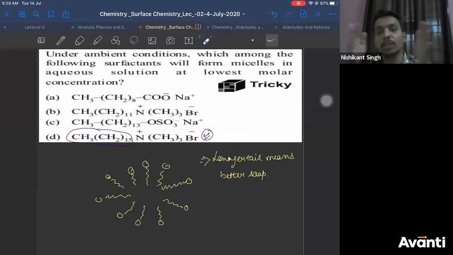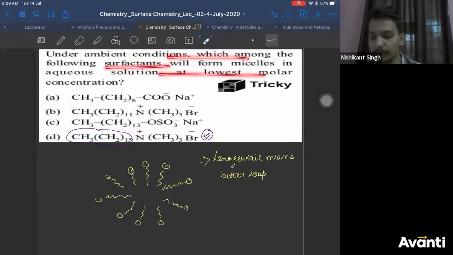If your hydrophobic chain is very long, then it is easier for the soap to form micelle, correct? So that's why our answer here was D, right? So Adesh, it answers your doubt that the concentration at which micelle formation takes place depends upon your type of soap.